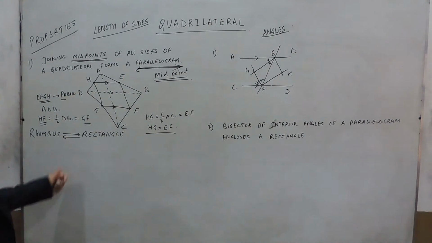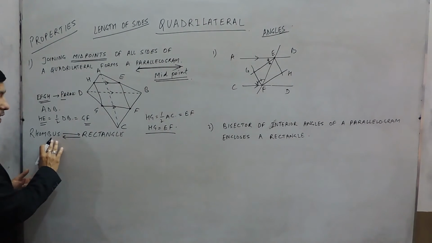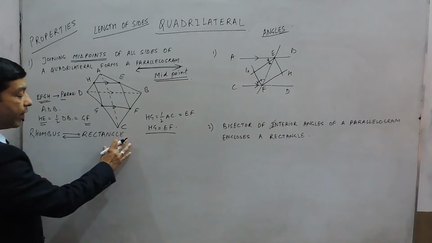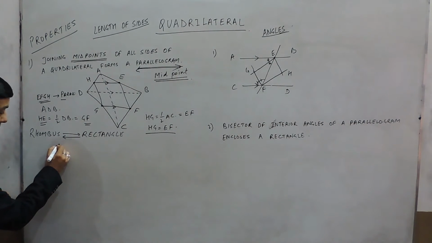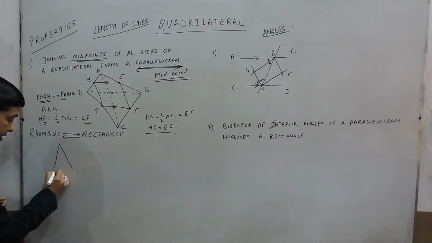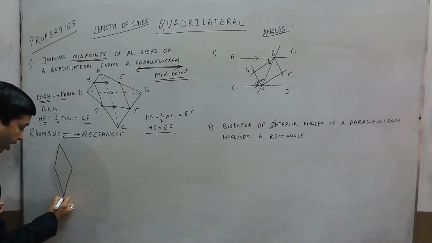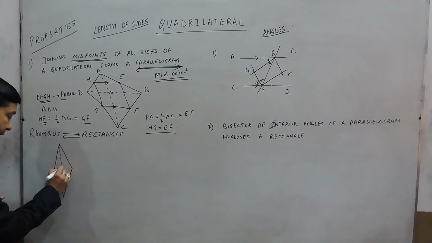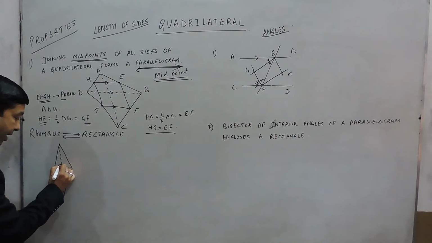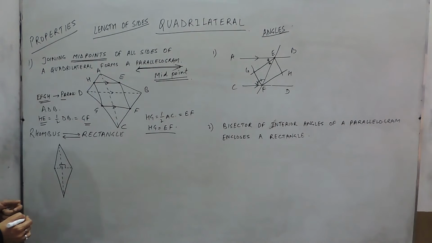Now the second thing is, if we join the midpoints of a rhombus or we join the midpoints of a rectangle. So this is a rhombus. The property of a rhombus is that the diagonals bisect at right angle to each other.